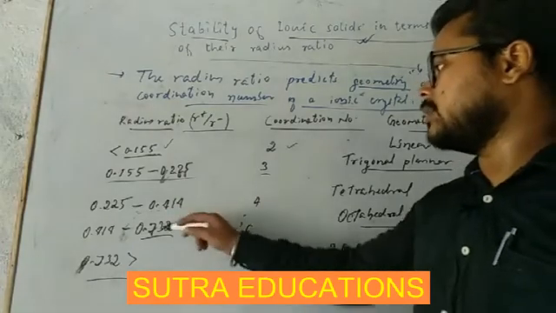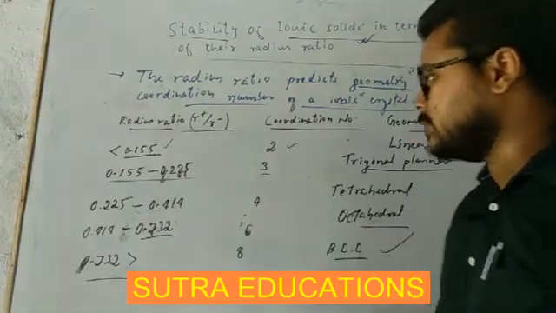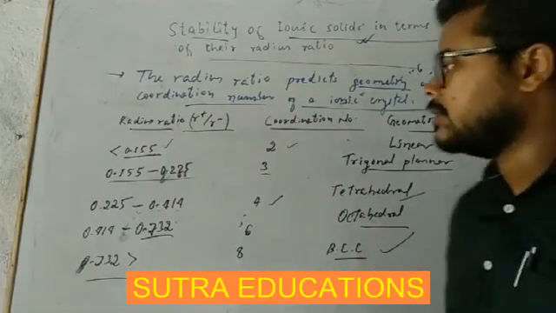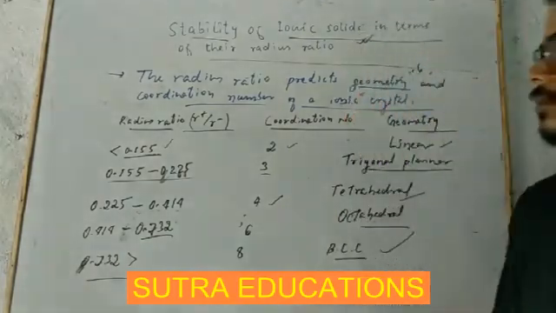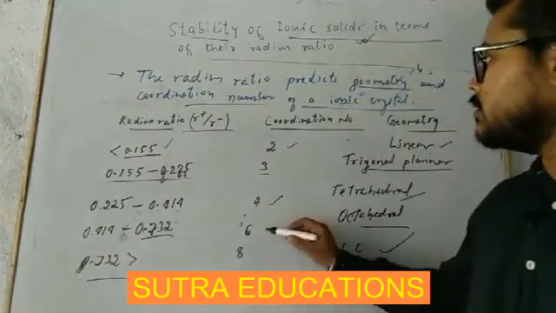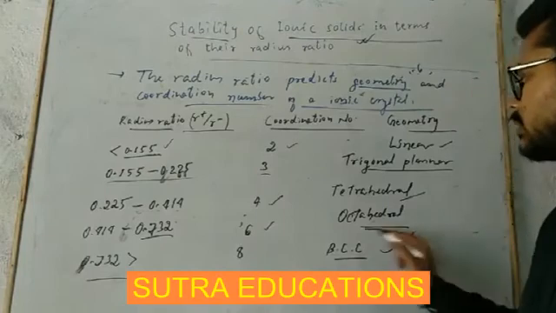If it falls in 0.225 to 0.414, then the coordination number will be 4 and it will be tetrahedral. If it ranges from 0.414 to 0.732, then the coordination number will be 6 and it is octahedral.